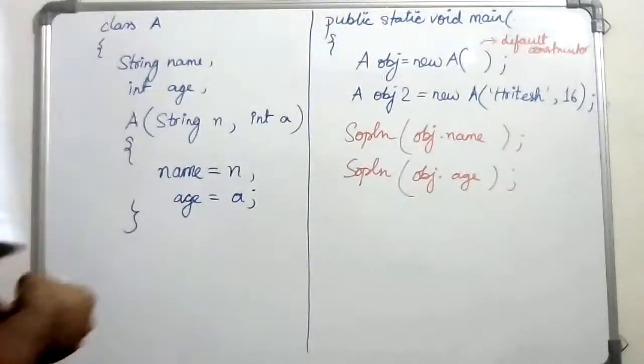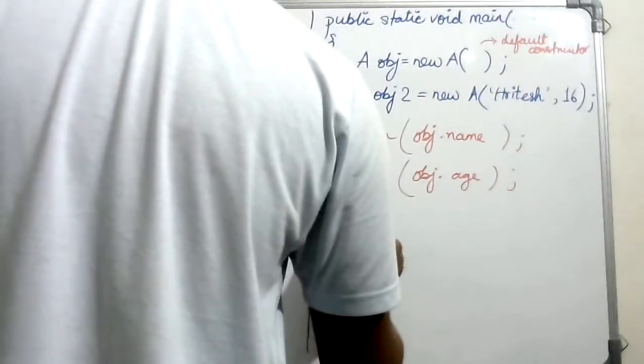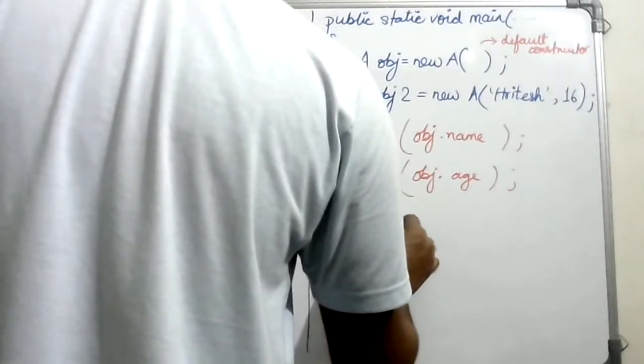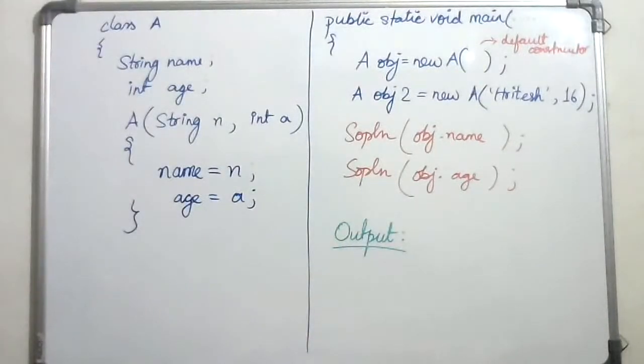If you do this, what do you think the output will be? You are printing the value stored in the name part of the first object and the age part of the first object. What type of output will you get?